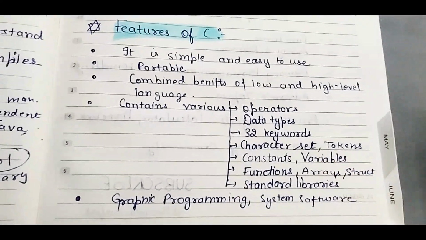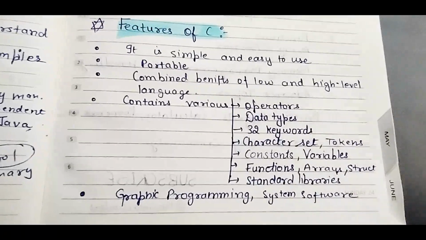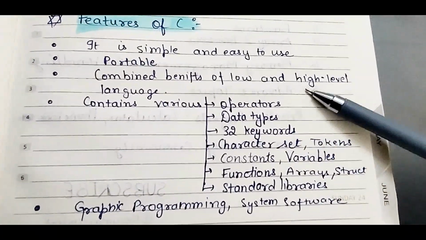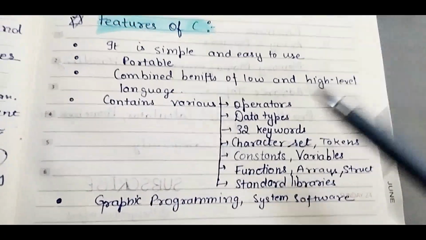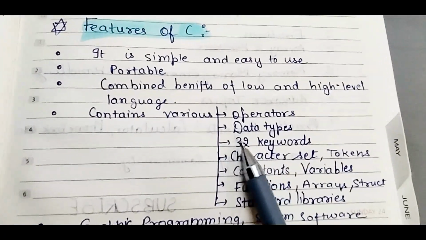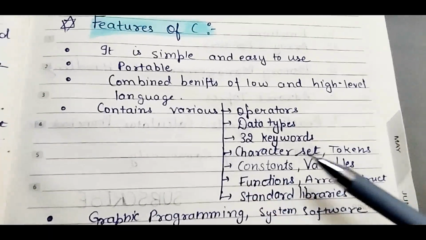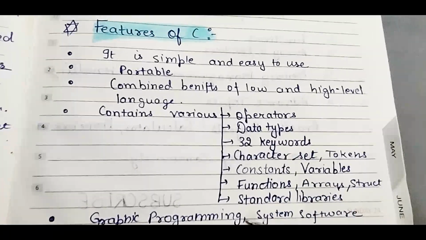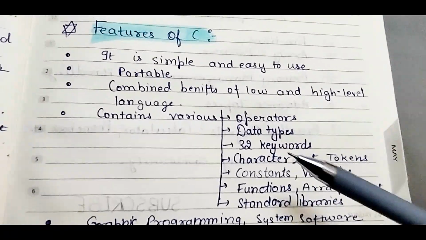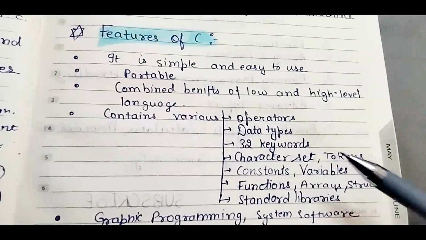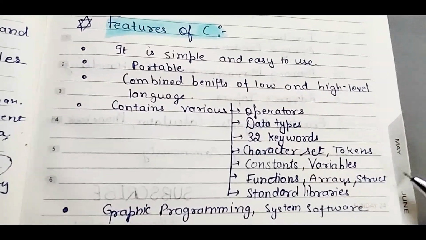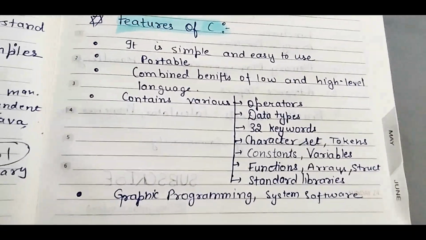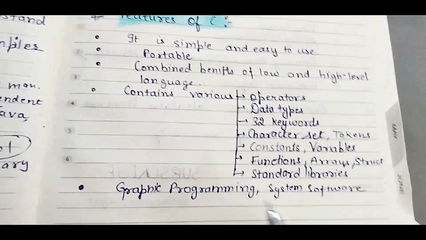Now, what we will learn in C. Basically, C contains operators, data types. We can store various types of data. It contains basically 32 keywords which are present in the standard libraries of the C. It contains character set, tokens, constants, variables, functions, arrays, structure, union, various terms we will discuss.